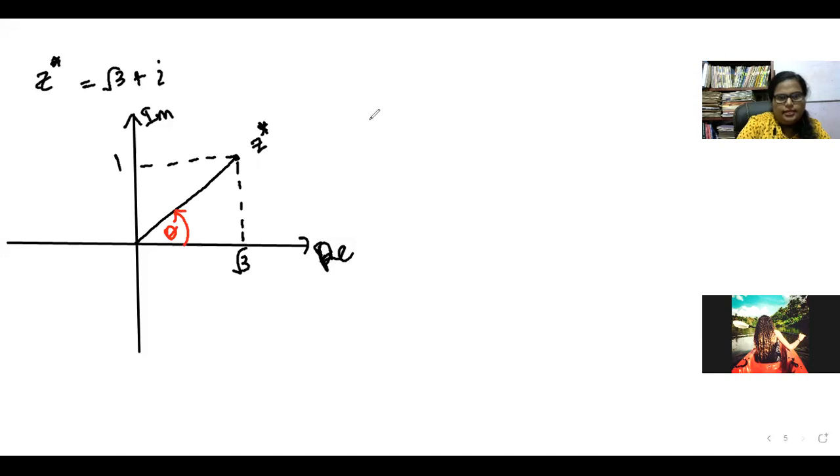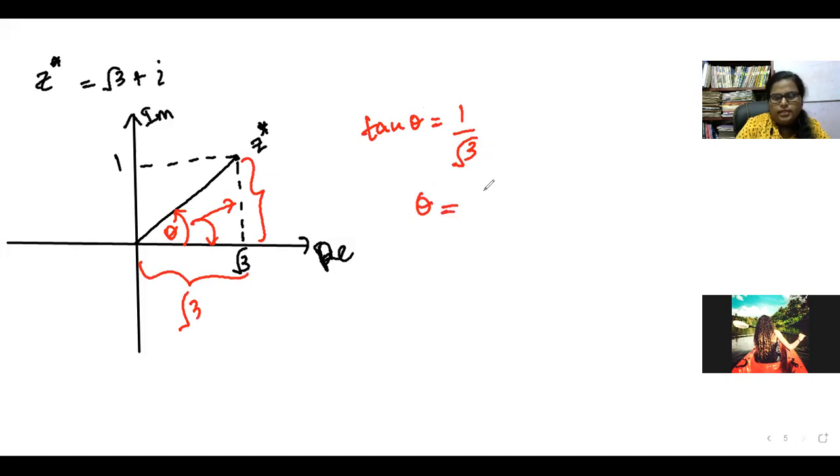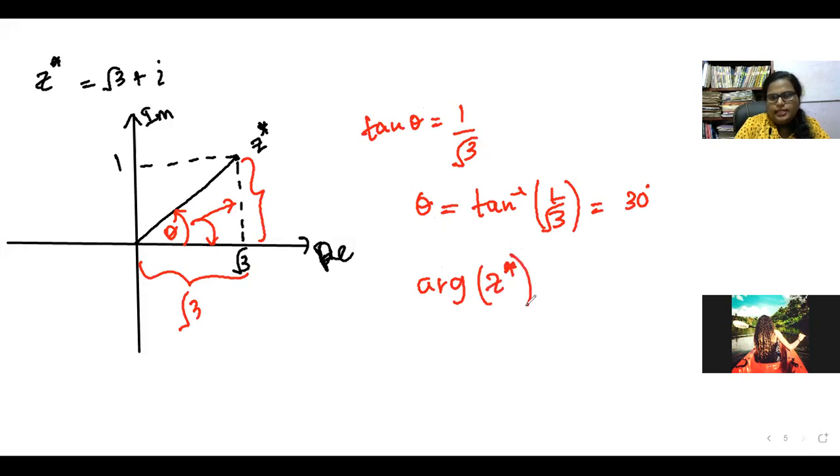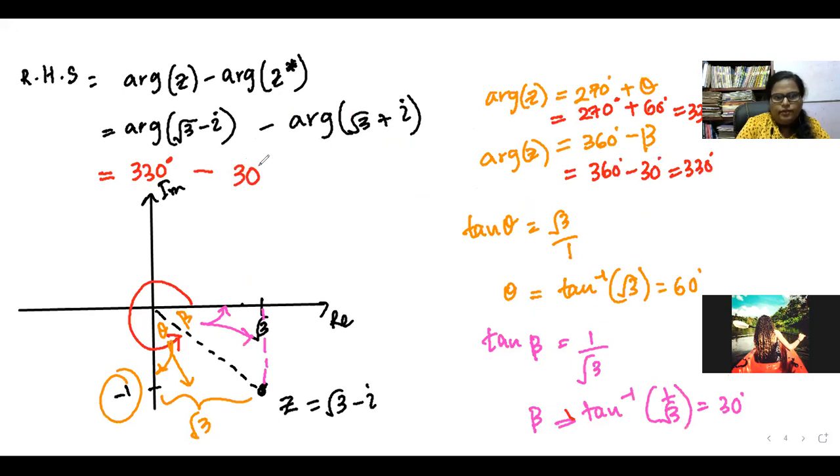I am taking this angle as theta. So tan theta equals the opposite value, 1, divided by the adjacent value, which is square root 3. So theta equals tan inverse 1 over square root 3, which equals 30 degrees. So we get that arc Z star is 30 degrees, and we can apply this result.